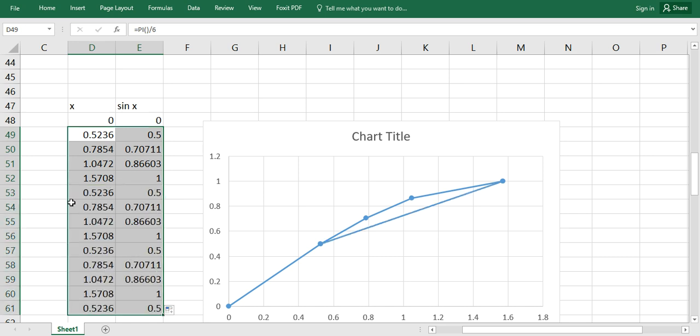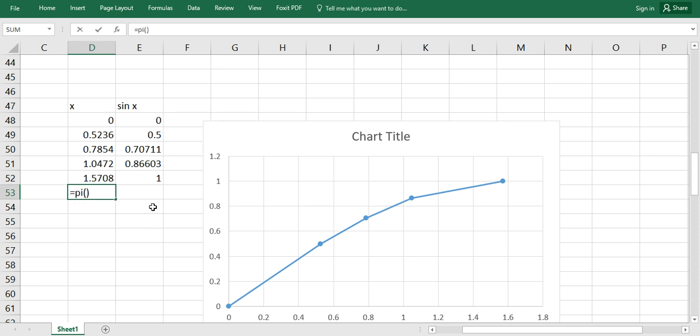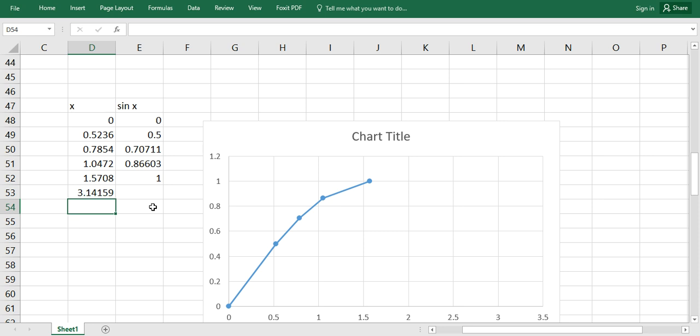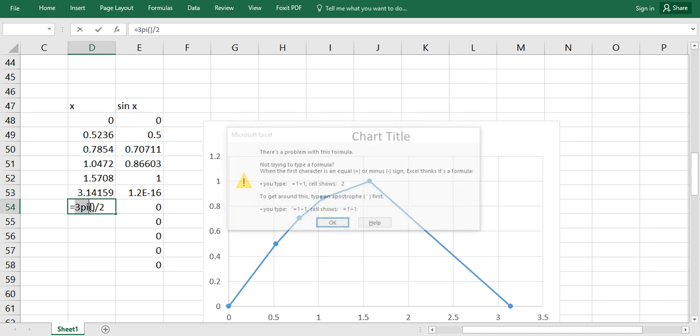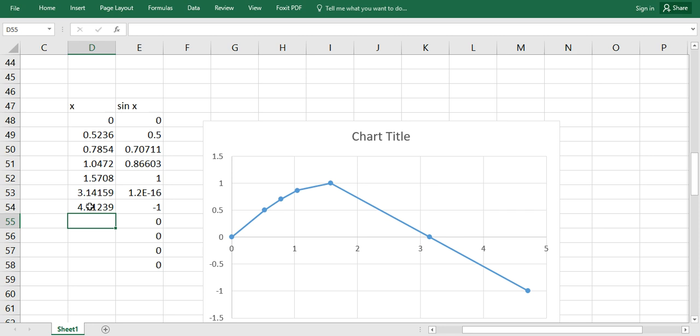Oh, sorry, it has not continued, it has just copy pasted. Let me remove it. Then you can go for pi and then 3 pi by 2, then 2 pi.